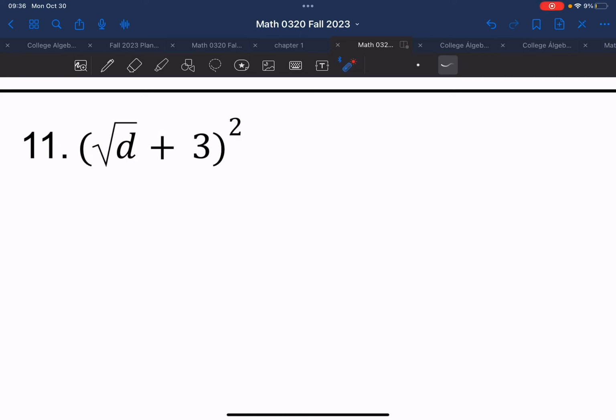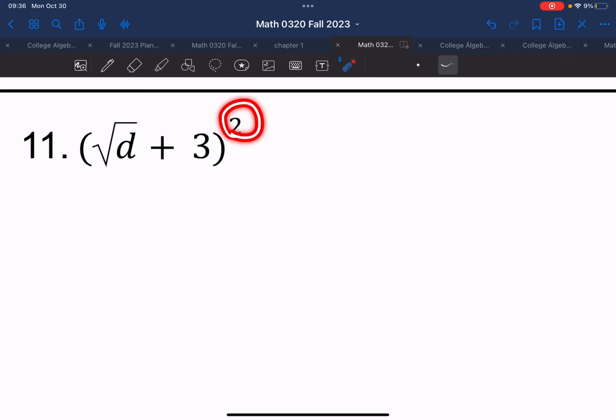So what does this square tell us to do? Not quite. Yes, but what does the square tell us to do? You're thinking of the next step. Multiply those two times, how do I say this? Square root of d plus 3 times the square root of d plus 3.